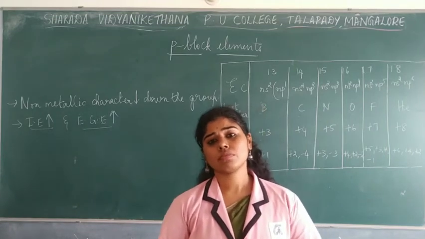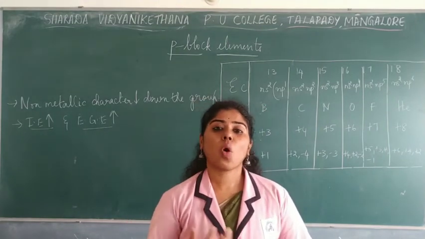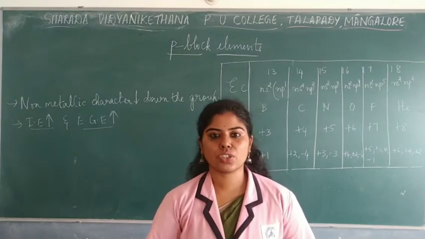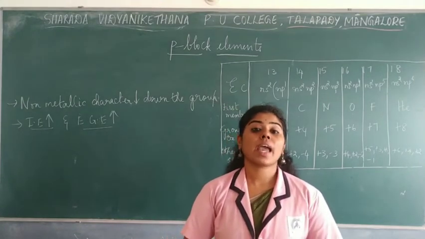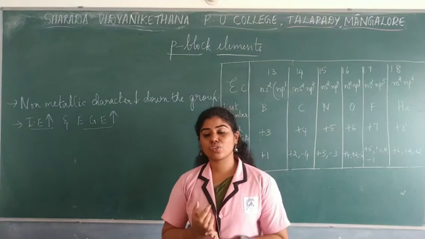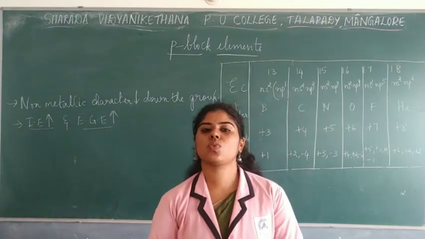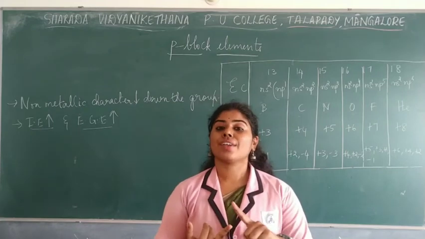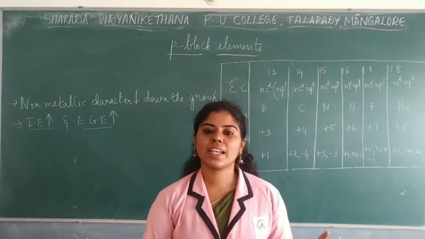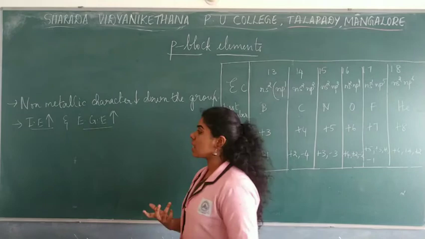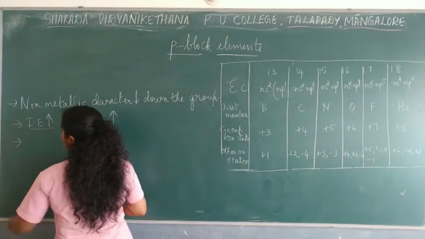And also, the covalent, metallic or ionic nature can usually be identified by the nature of oxides. Usually metallic oxides will be basic in nature and non-metallic oxides will be acidic or neutral in nature, and that is how you can find the property of the p block element.